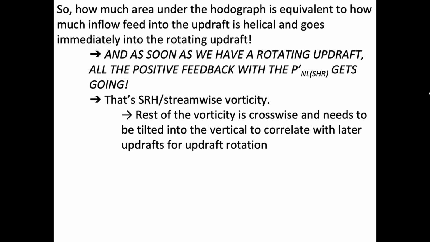For the splitting cell case, that initial storm motion is not off the hodograph initially for the straight hodograph. It takes some time for the effects of crosswise vorticity, tilting, and new updraft formation to occur for that process to allow streamwise vorticity to be ingested to further activate the perturbation pressure term from nonlinear shear effects.